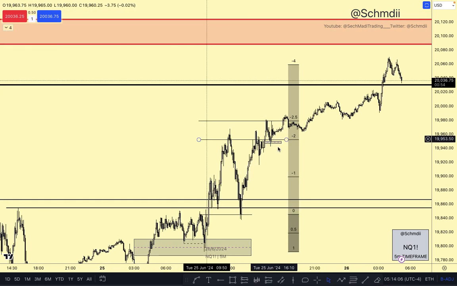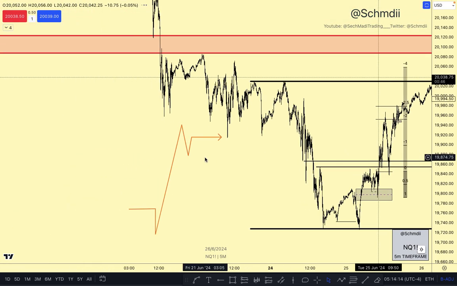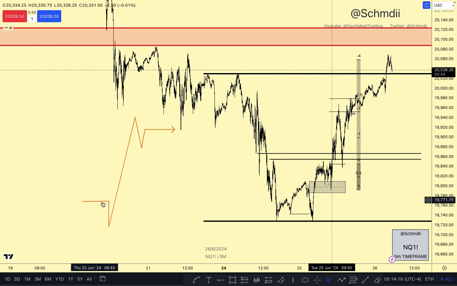Then in the afternoon, like last hour, look to get a continuation trade, and the rest is history, man. Beautiful ICT classic buy day template playing out yesterday.